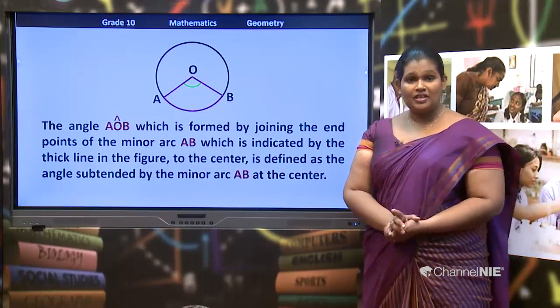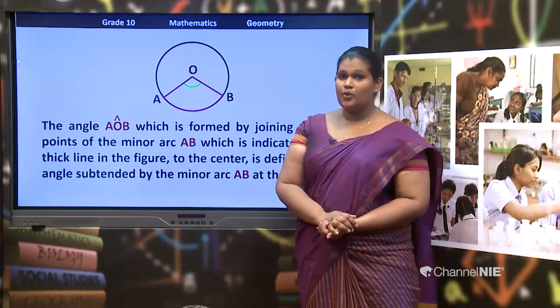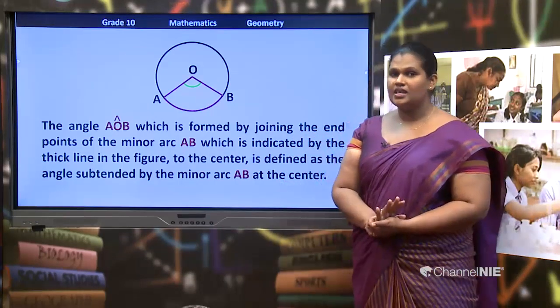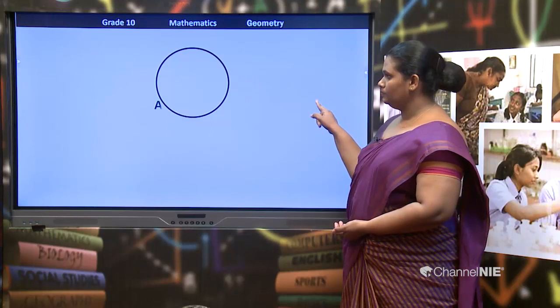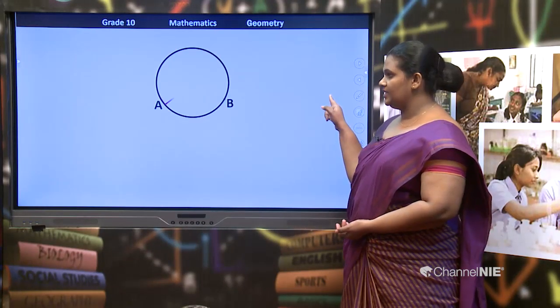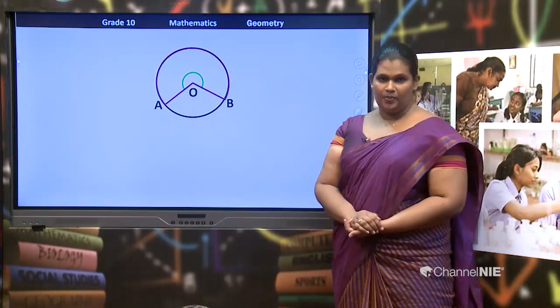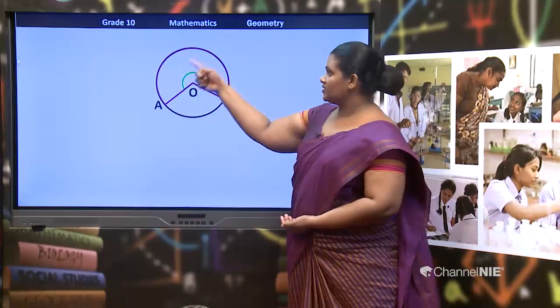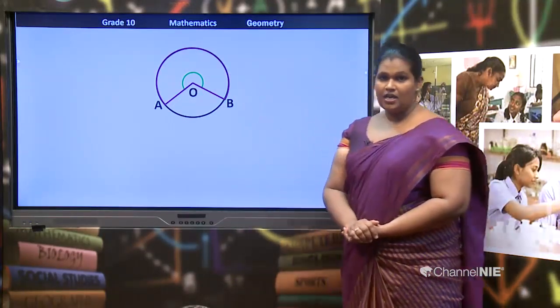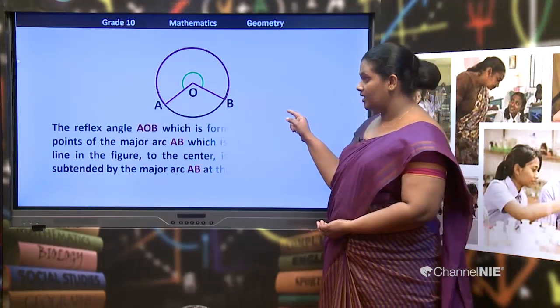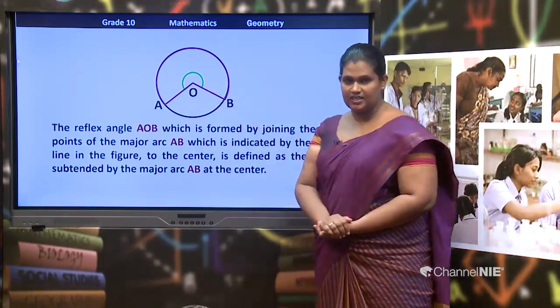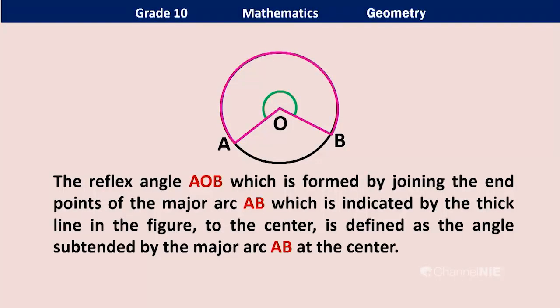Right. Previously, I have mentioned that we have got a major arc here as well. So, we will see. If I consider the major arc AB, here you can see the major arc AB. Now, once again, I have subtended an angle on the center of the circle, this time by the major arc AB.